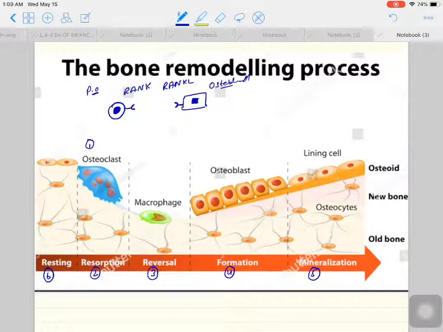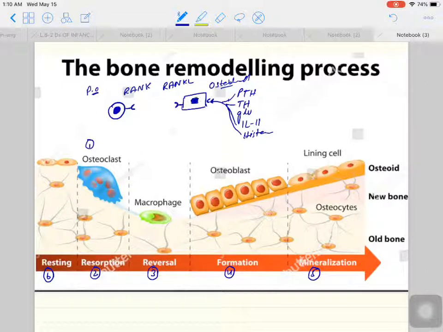And how the osteoblast is activated: different sorts of hormones, parathyroid hormone, thyroid hormone, glucocorticoids, interleukin 11, histamine, and many other factors, steroid drugs. All these activate the osteoblast.